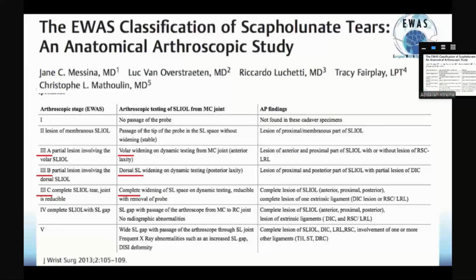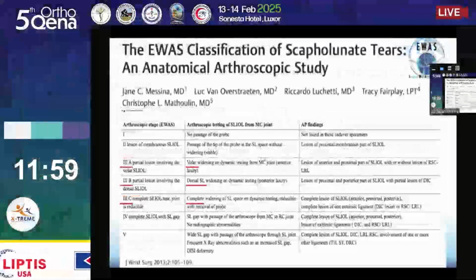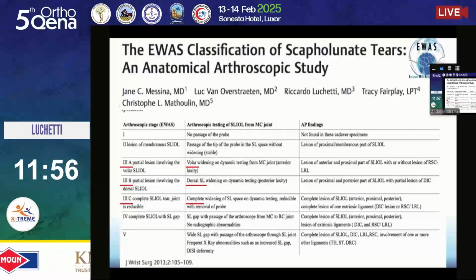This is a particular modification of the Geissler classification that Messina with me and Matulin did at the time, more than 10 years ago, because we have seen that there was some difficulty to include the lesion of the ligament in the classification of Geissler. So the most important part is grade three. At the three level, you can have the dorsal, the volar lesion, or volar and dorsal.